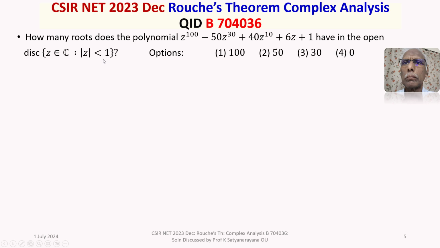It is a circular neighborhood of 0 with radius 1, that is same as the open disk. This is a polynomial of degree 100, and we want to find how many roots this polynomial has in this open disk, and we are given 4 options.